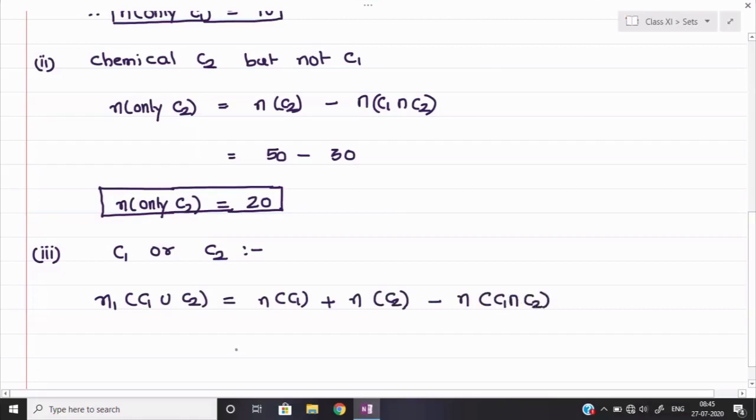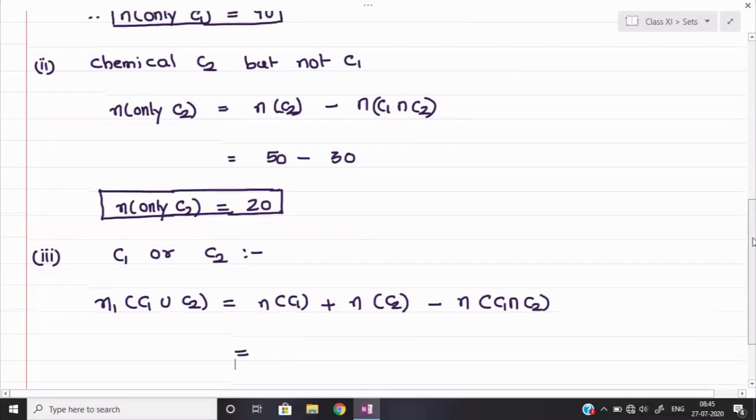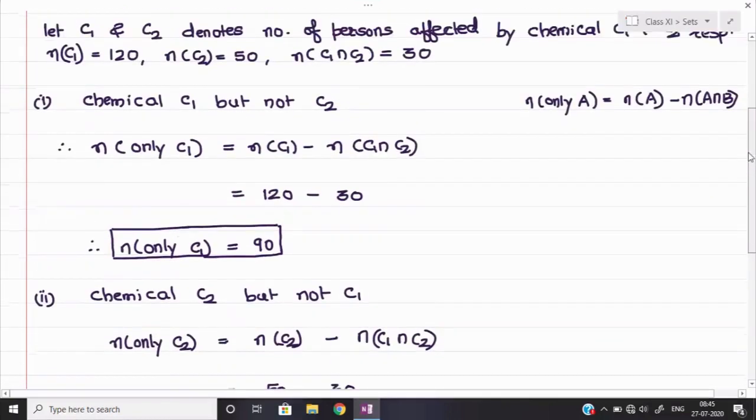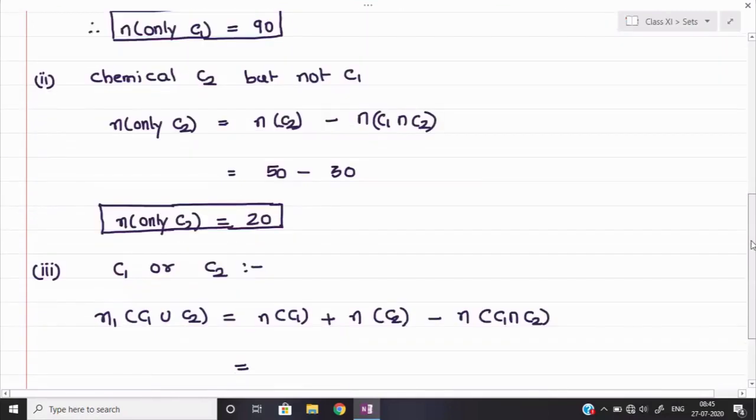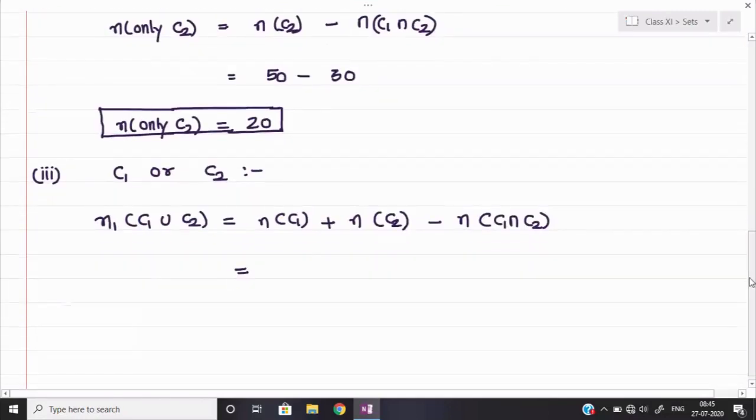So here N of C1, how much is given? I think 120 is given. Once we can check, N of C1 is 120, N of C2 is 50 and N of C1 intersection C2 is 30. Okay, so let us put the values here. 120 plus 50 minus 30. Okay, 50 minus 30 is 20 and then 120.